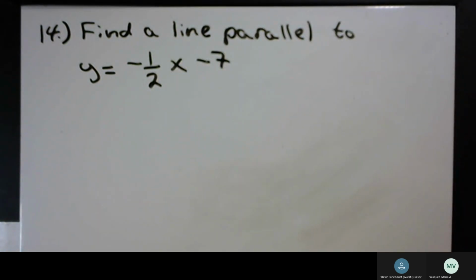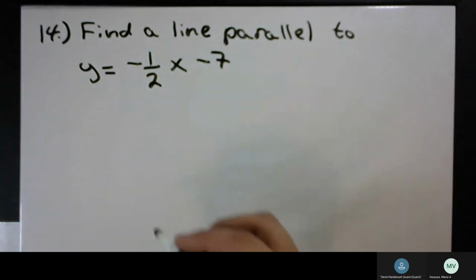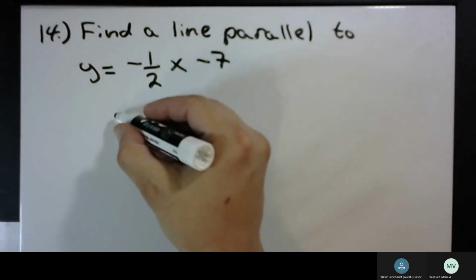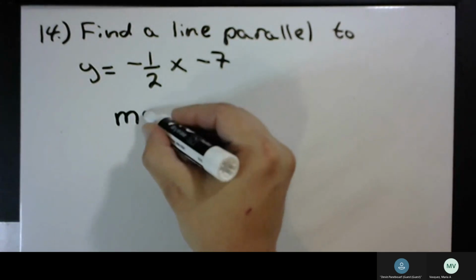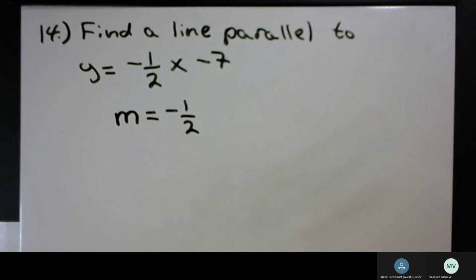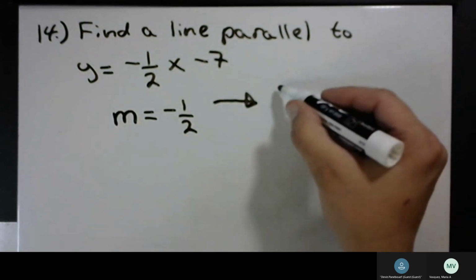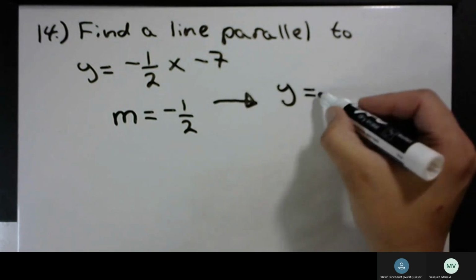So let's say we want to find a line that's parallel to y equals -1/2 x minus 7. So for parallel lines, we just need any line that has the same slope. So m is -1/2. So that means any line with the same slope will work.